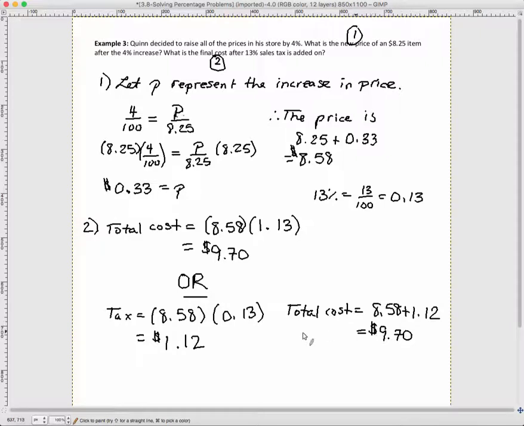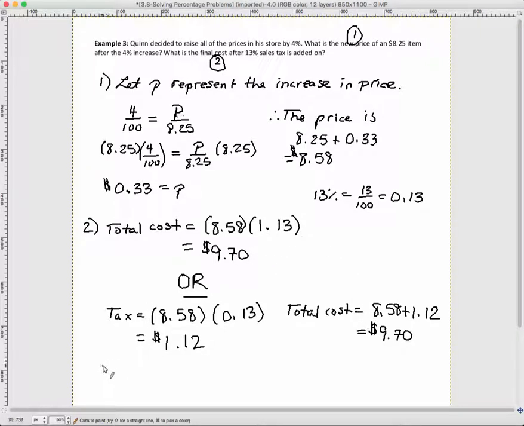So either way, if I multiply it by 1.13, I get $9.70. Or if you wanted to calculate just the tax, you could get $1.12, and it adds to the original cost. You can see that these two calculations together combine to just simply this one calculation.